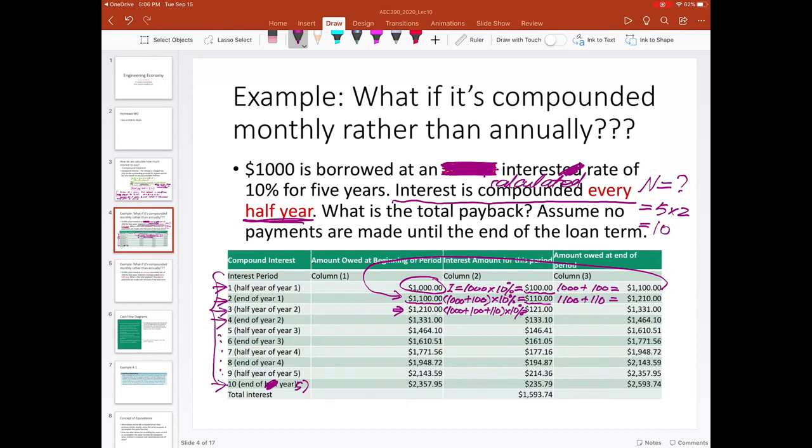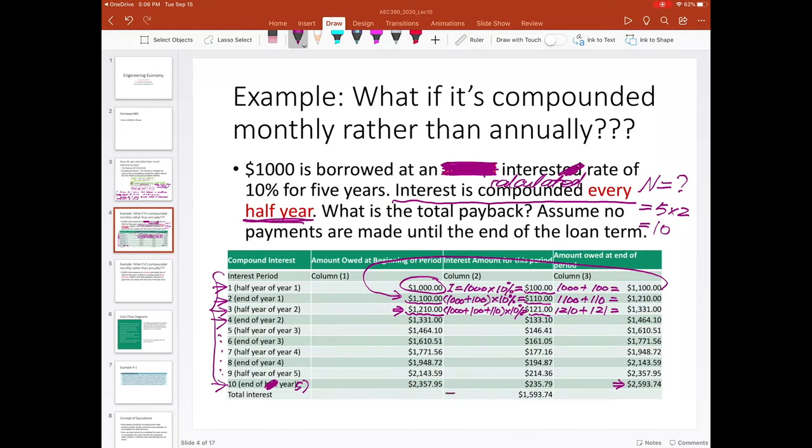And then the total amount you owe at the end of the third period will be what? Will be the amount you owe at the beginning plus the new interest. Okay, so you just keep repeating this process again and again until you hit the end of the 10th period.